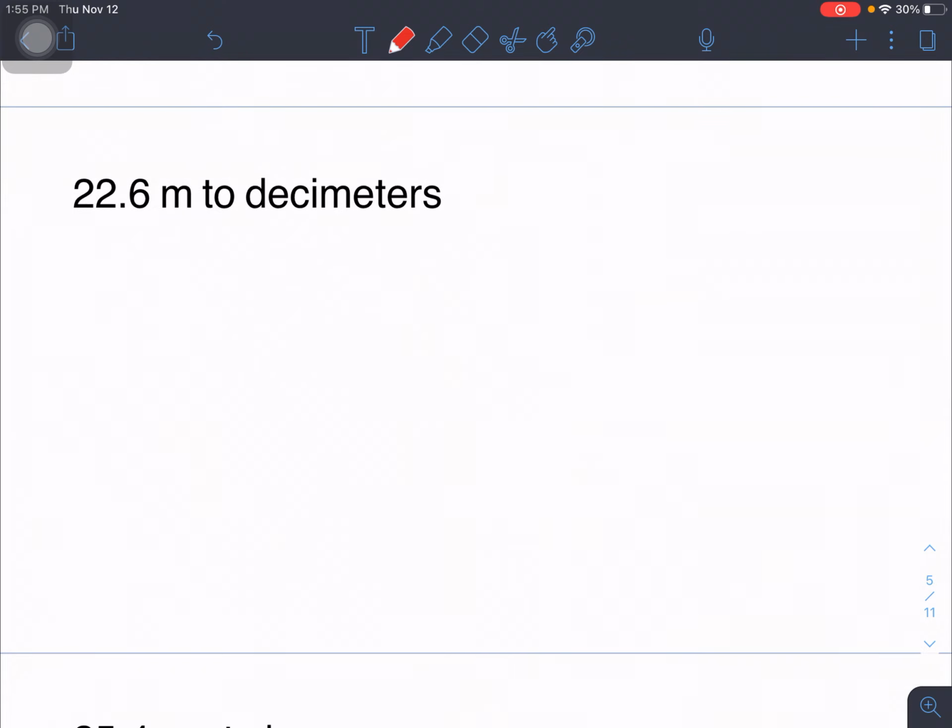So another example is if we are having the metric system, and in the metric system we all know that meter is the unit of length, grams is the unit of mass, and liter is for volume.